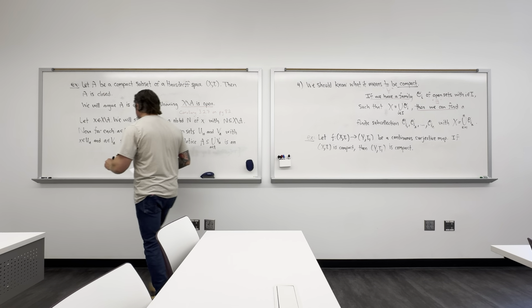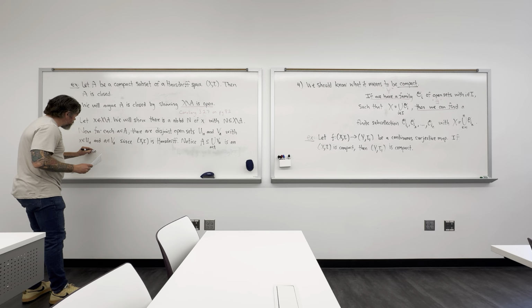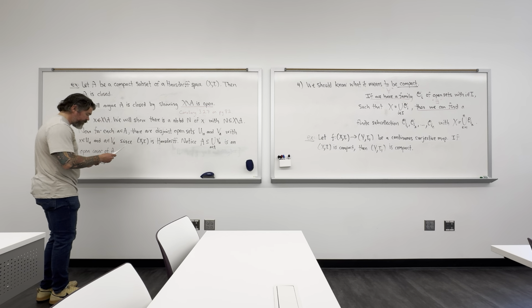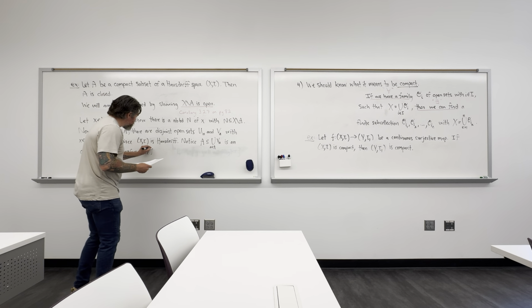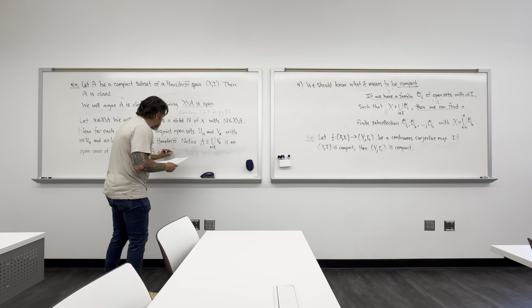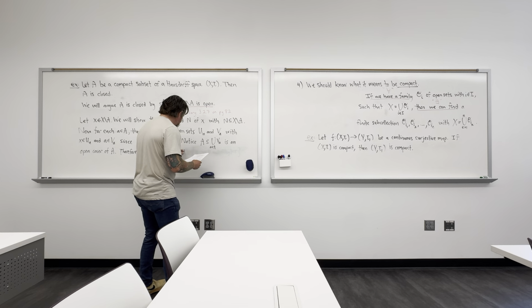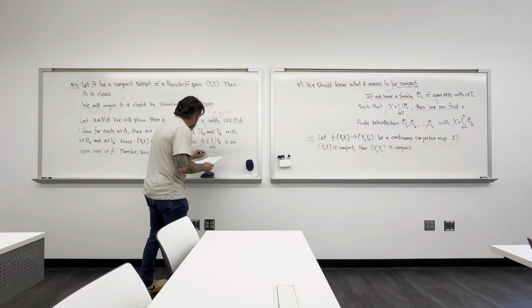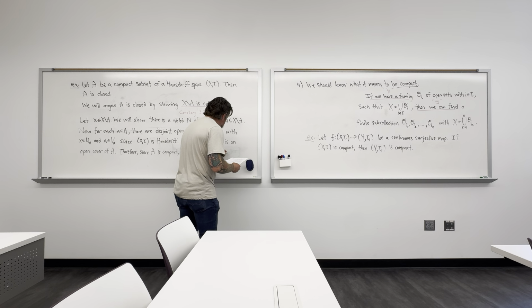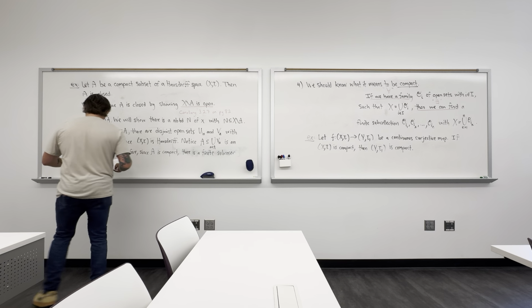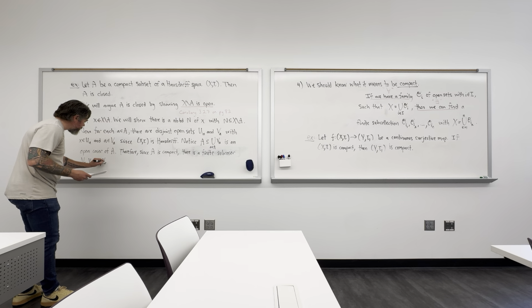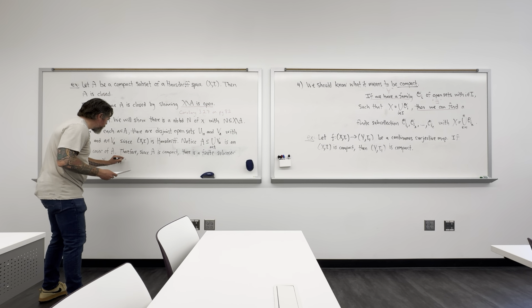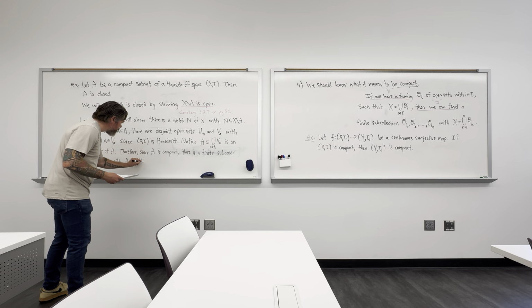So {V_a} is an open cover of A. Therefore, since A is compact, there is a finite subcover V_a1, V_a2, to V_an, with A a subset of these V_ai.